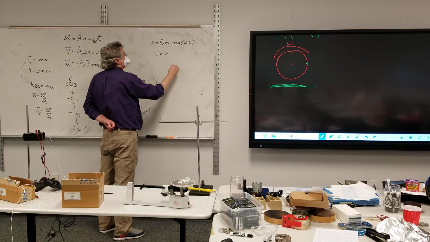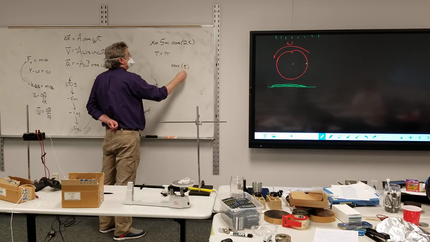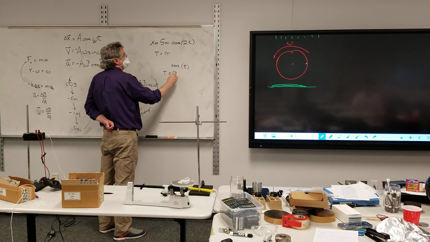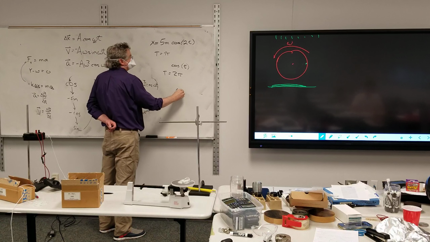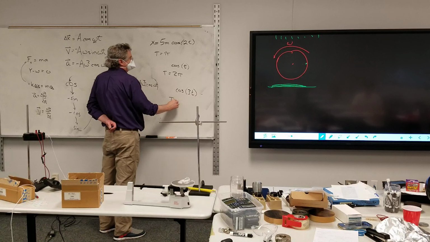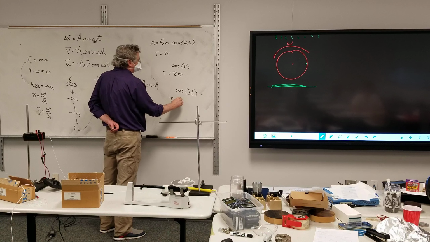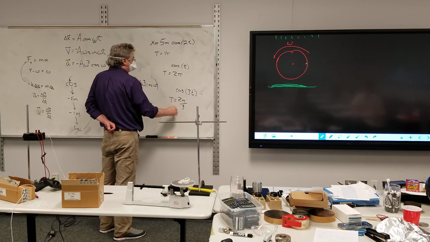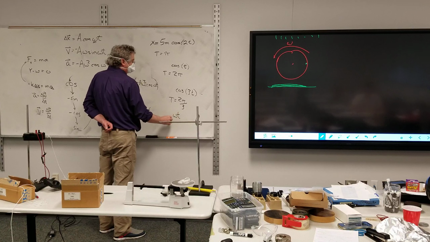Suppose it were cosine of just plain old t, what would be the period? 2 pi. Cosine of 3t. 2 pi over 3. Omega t. 2 pi over omega.